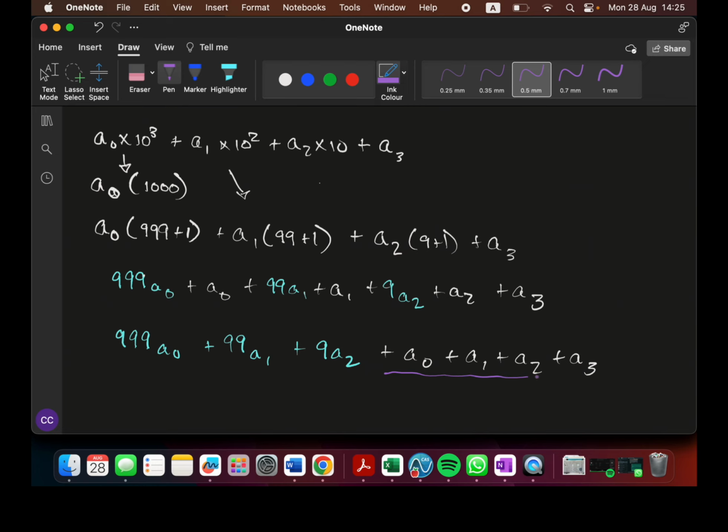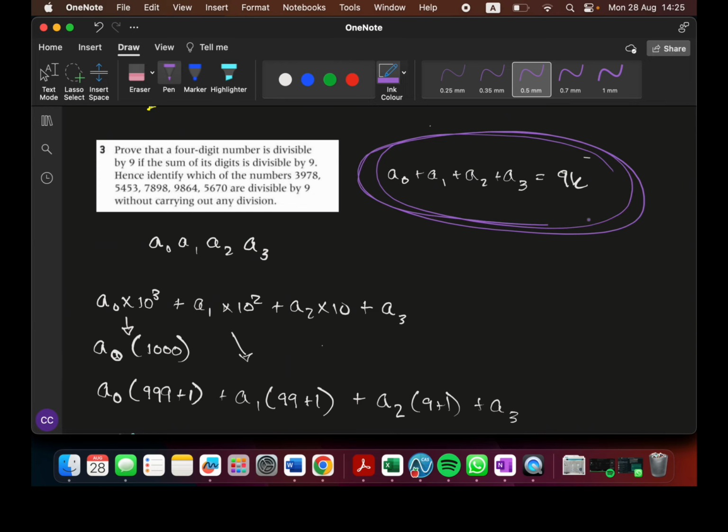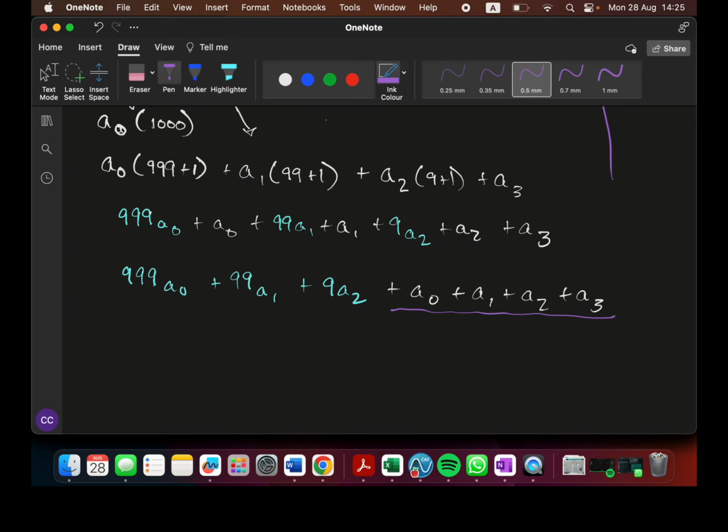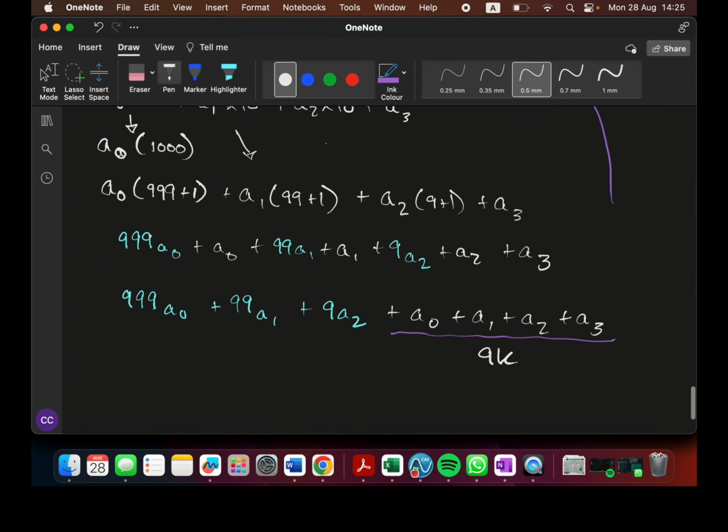We have seen this last part once before: it's the same as 9K, which we established at the start. So now I've got 999 A0s plus 99 A1s plus 9 A2s plus 9K.